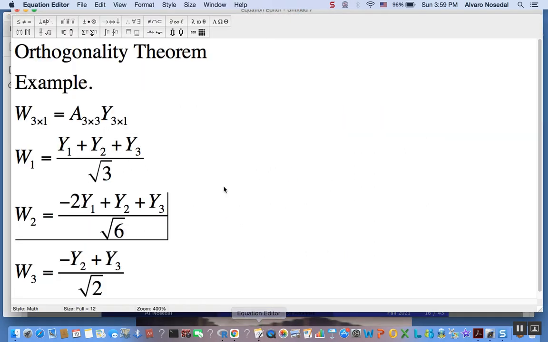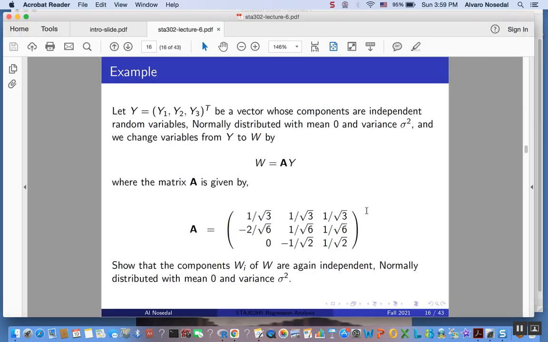So when you analyze the dimensions, this is 3 by 3, this is 3 by 1, then the resulting transformation is going to be just a 3 by 1 matrix W, where the first component is going to be the first row times vector y.